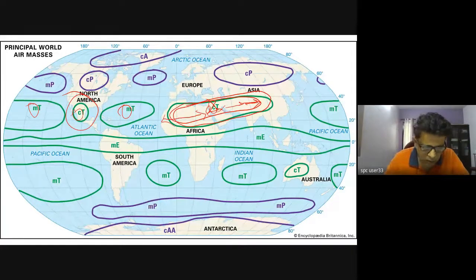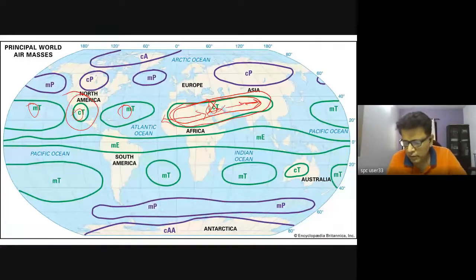Then we came to the thermal classification. The thermal classification is the fact that whether we are going to call a particular air mass warm or cold. Now, how do we call a particular air mass warm or cold?